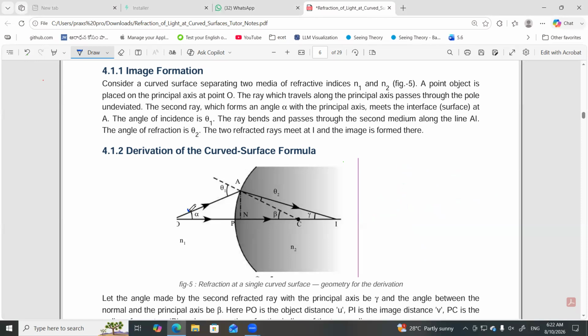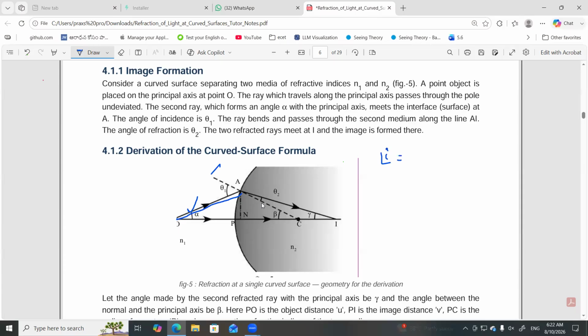This line from the object, whatever line is coming, this line is the incident ray, and this ray is the normal. The angle between the incident ray and the normal is the angle of incidence.